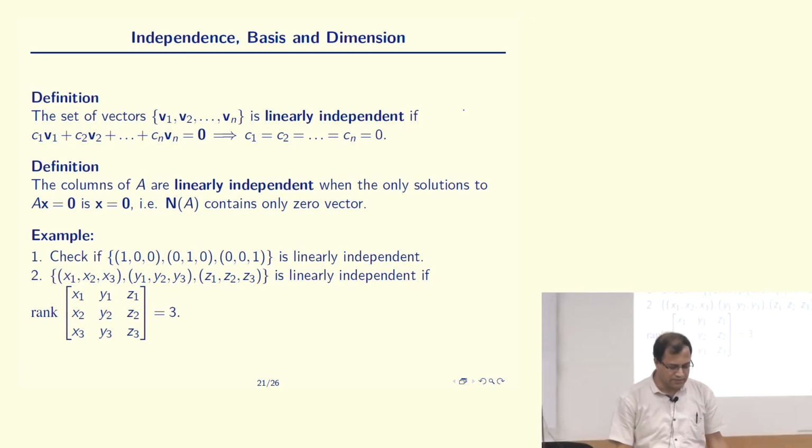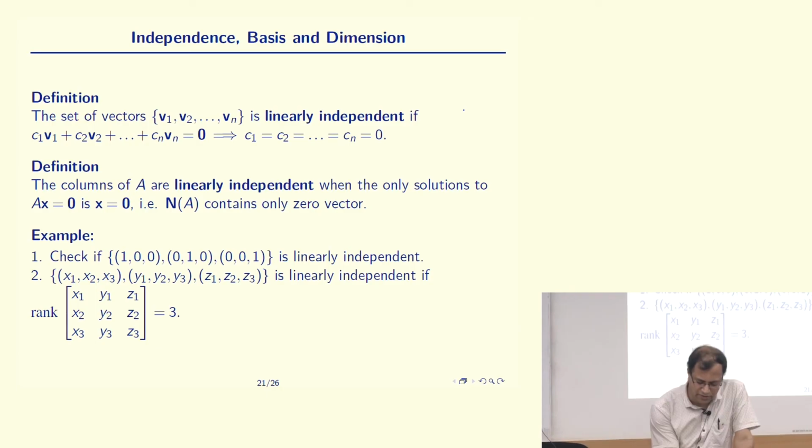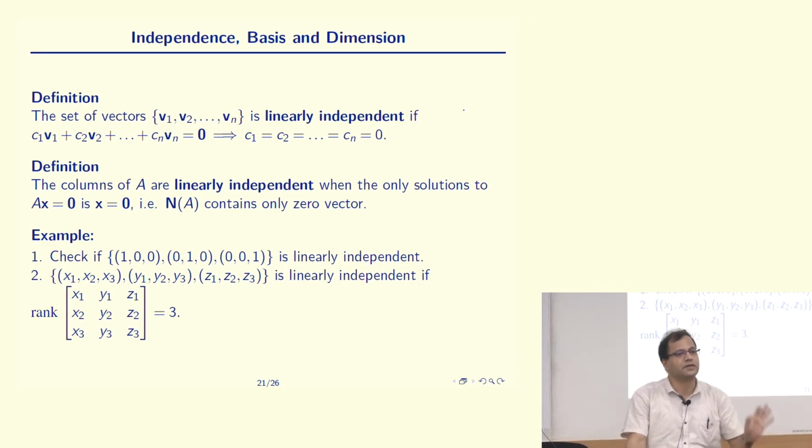In other words, the system will have only the solution c1 equal to c2 equal to ... equal to cn equal to 0. We want to understand the linear independence of the column vectors of the matrix, because we want to understand the dimension.